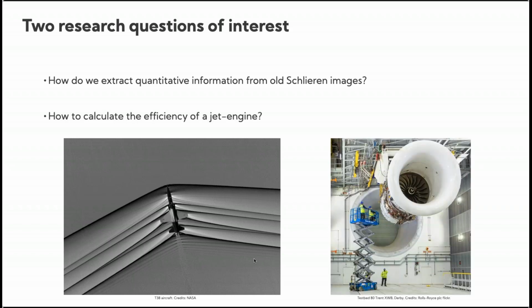And the second one is, how do we calculate the efficiency of a jet engine? Now, there are many ways to think about the efficiency of a jet engine. What I'm specifically interested in is the breakdown of that efficiency. Now, one can argue that efficiency is a relatively well understood concept when it comes to a jet engine.